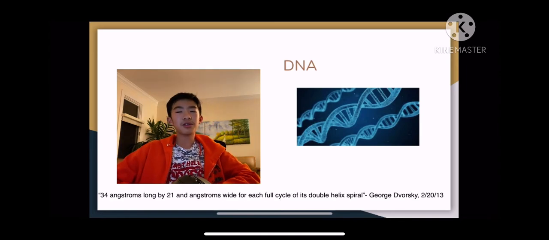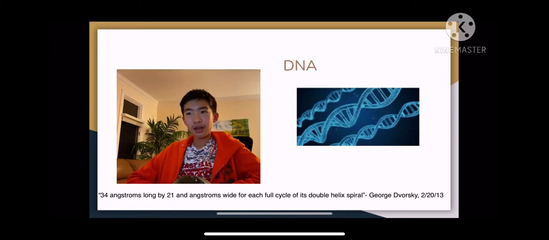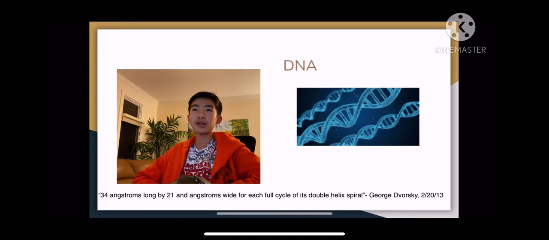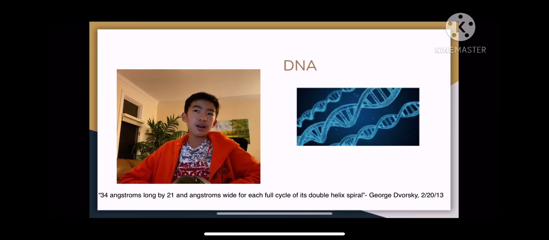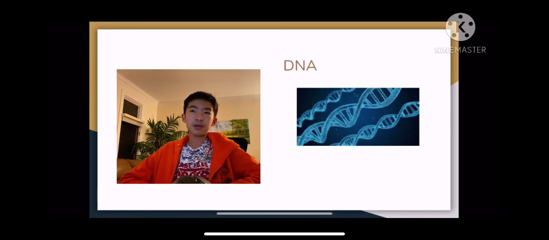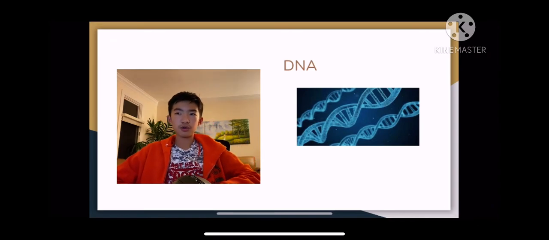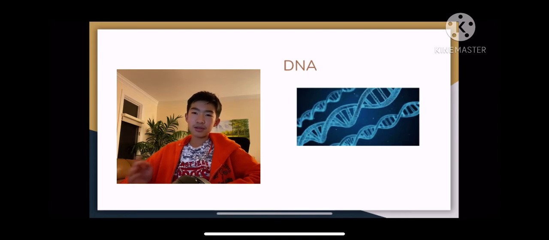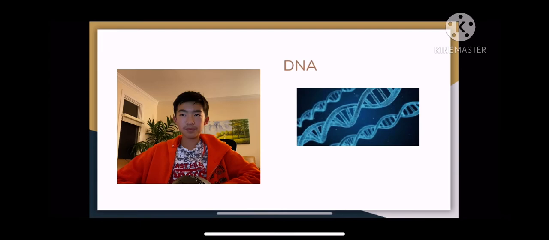Every DNA molecule measures 34 angstroms long by 21 angstroms wide for each full cycle of its double helix spiral. Now, you may have noticed, but those numbers are all in the Fibonacci sequence.